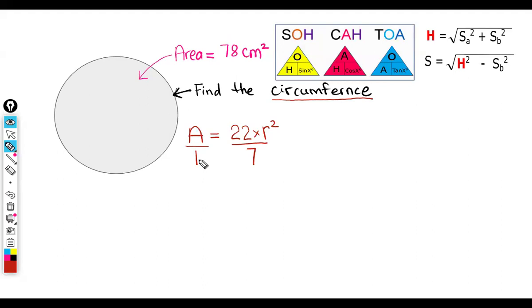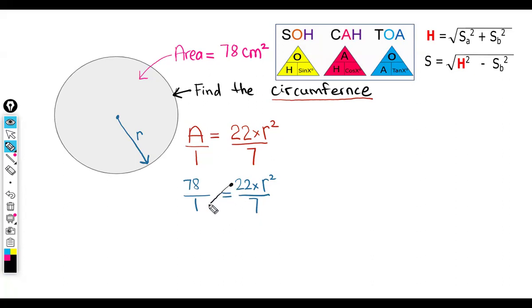We just put that so we have an excuse to cross multiply. The area is 78. We have 22 multiplied by the radius squared. We don't know the value of the radius, but I guarantee you, once we find the radius, finding the circumference will be a breeze. So we cross multiply.